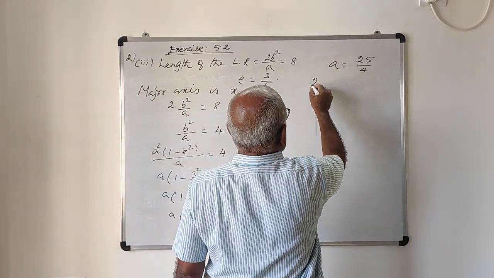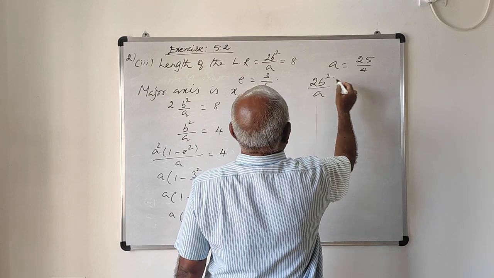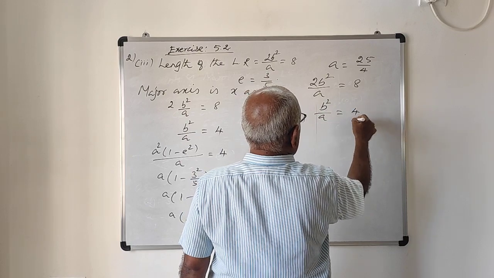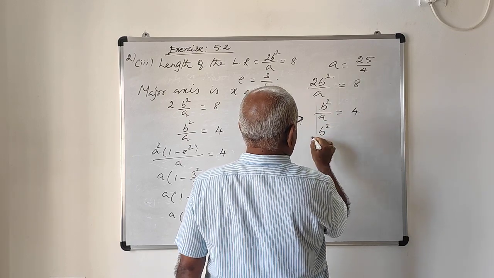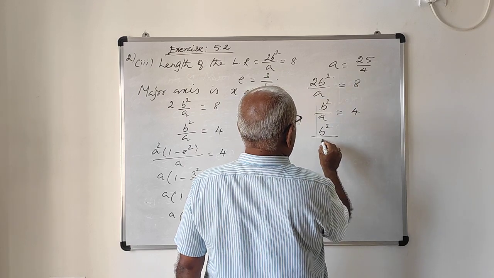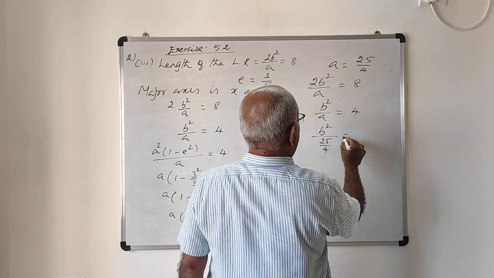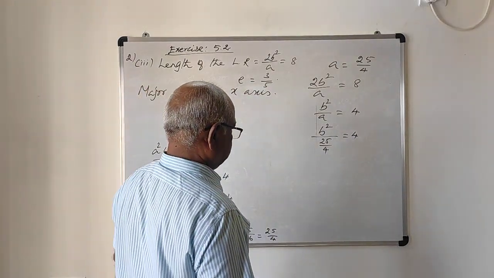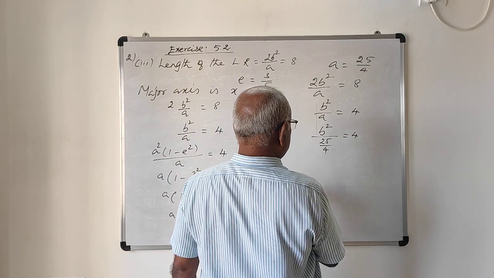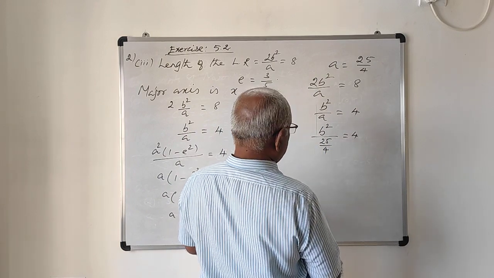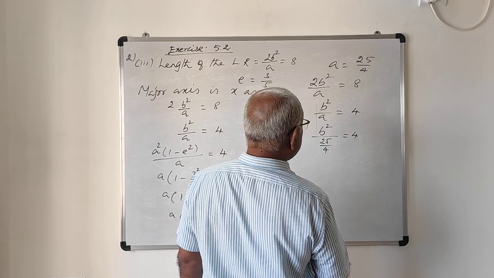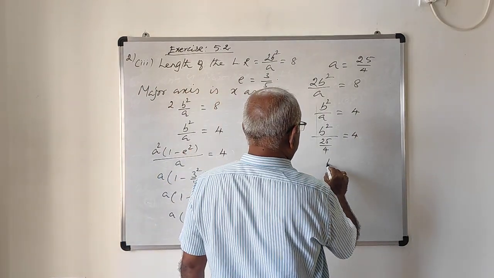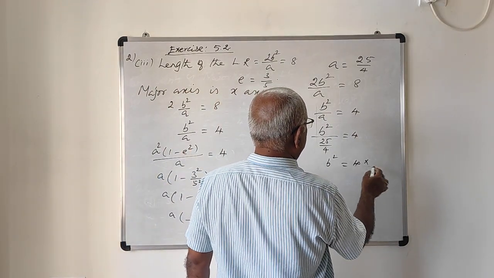We know 2b square by a equal to 8, and b square by a equal to 4. So b square equal to 4 into 25 by 4.